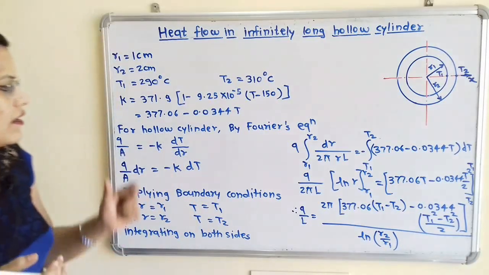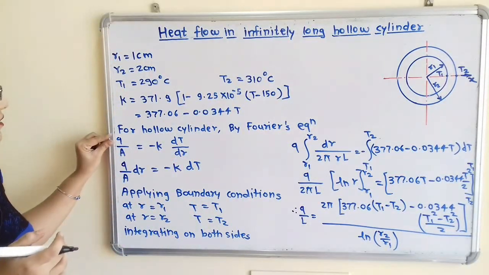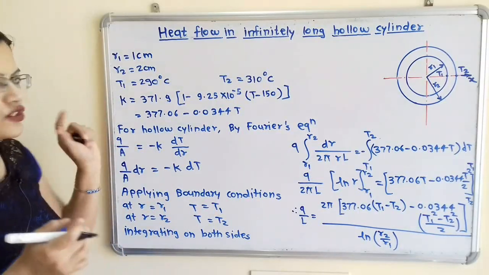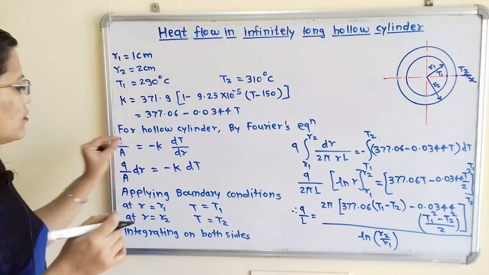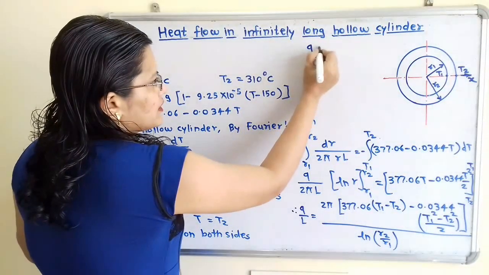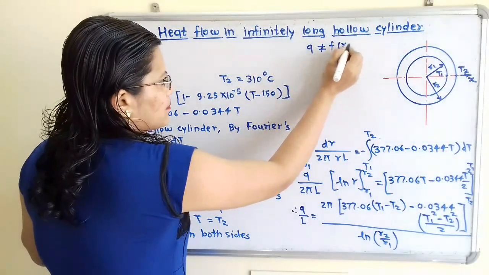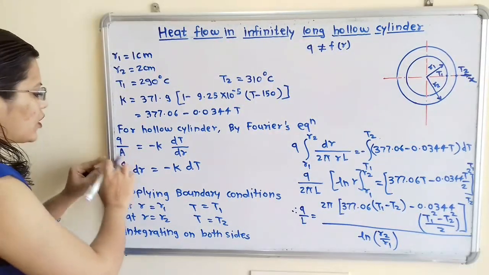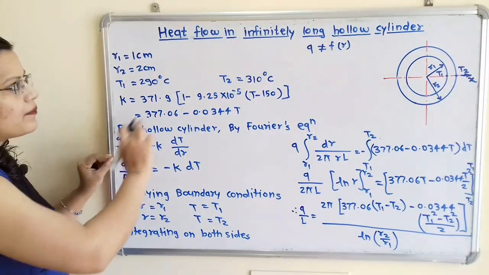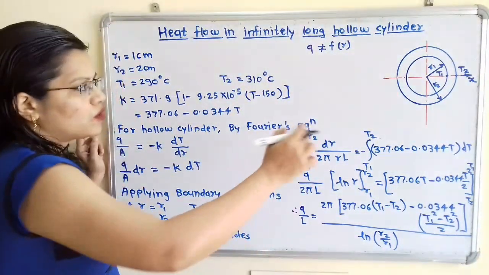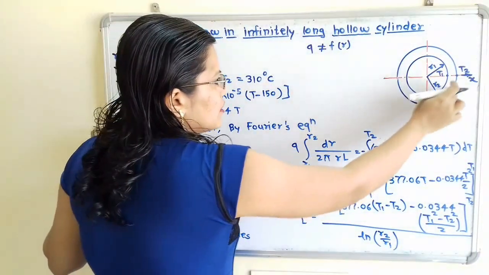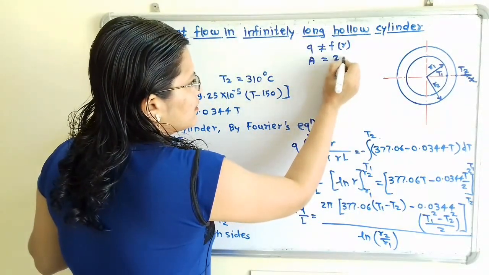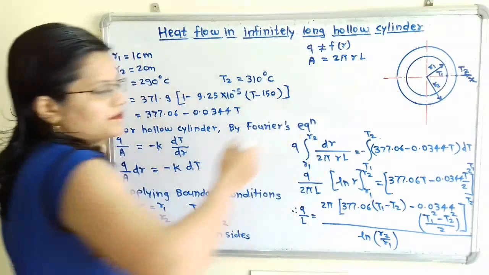Now we observe this Q, the heat flow. Q is not a function of R, that means it is constant, so we take it outside of the integration. Then what about the area? For a hollow cylinder the area is 2πRL.